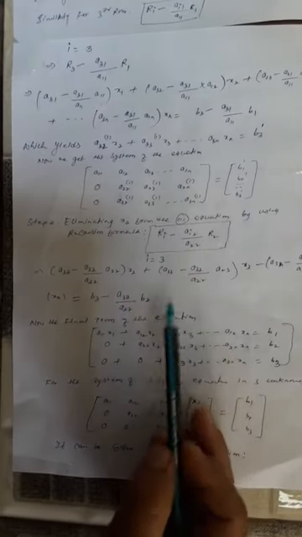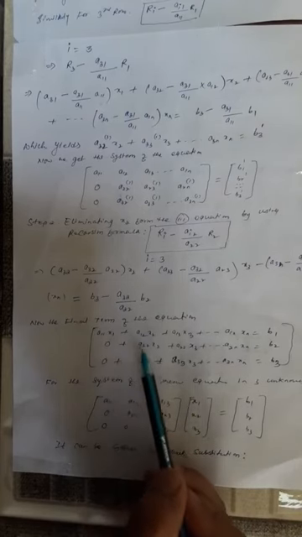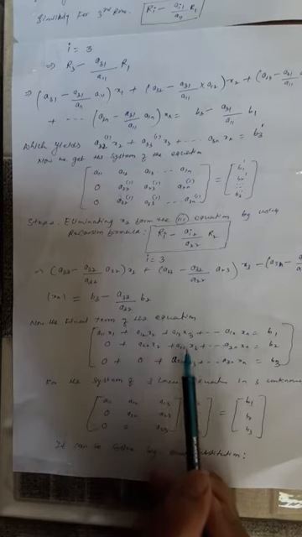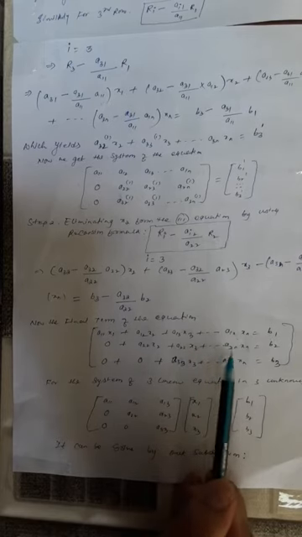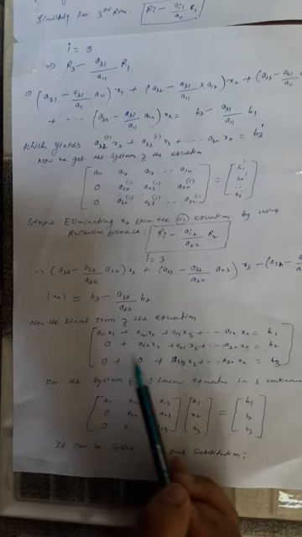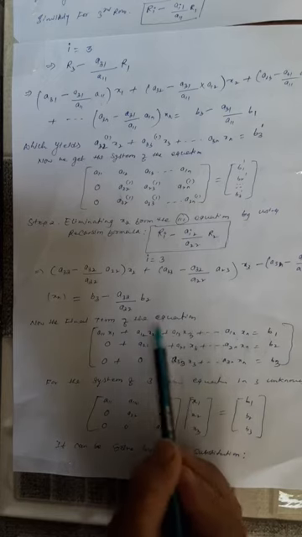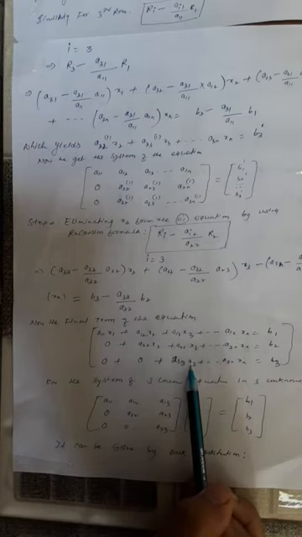So now finally, these are new elements: A33 is new, A23 also new, and A2n is also a new coefficient of xn. So these three elements have become 0. If we consider this matrix only, then we can easily find the value of x3, which is the unknown.